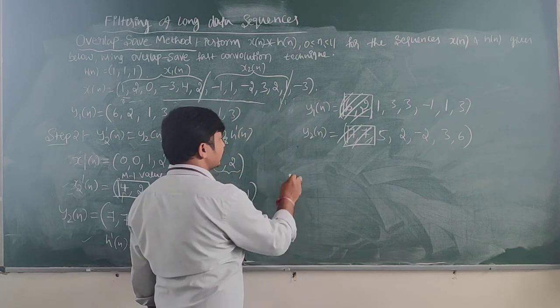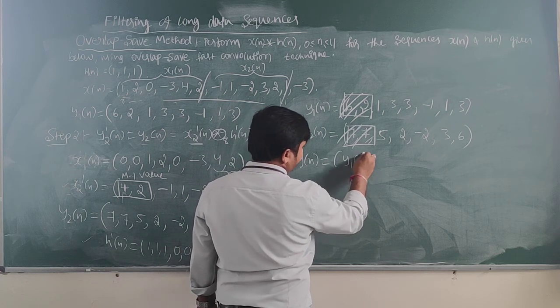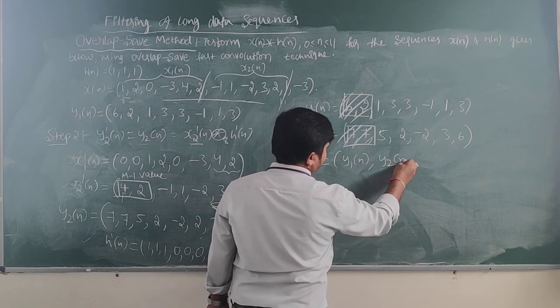Now write the sequence. What is y of n? Y of n is y1 of n followed by y2 of n.